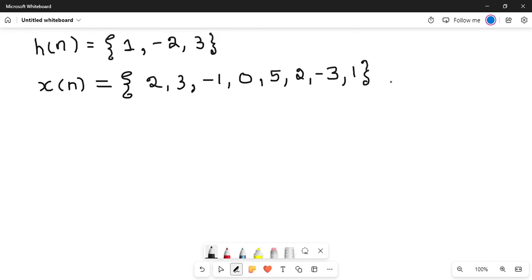So this is the given question for you. You have n is equal to 6. So given n as 6 point, so 6 point circular convolution. So we are making use of n is equal to 6.